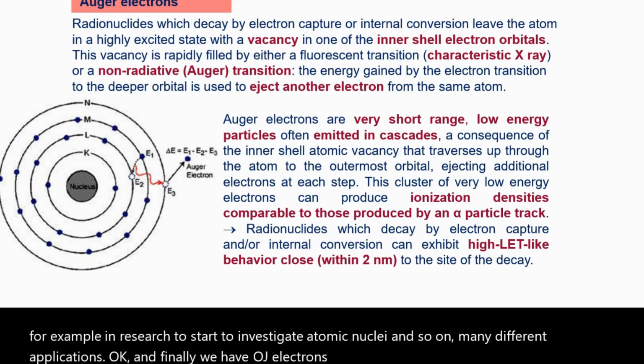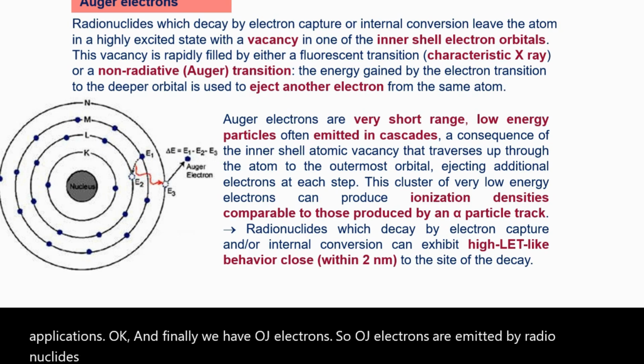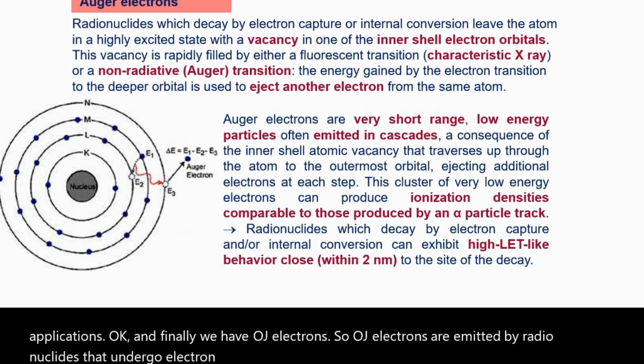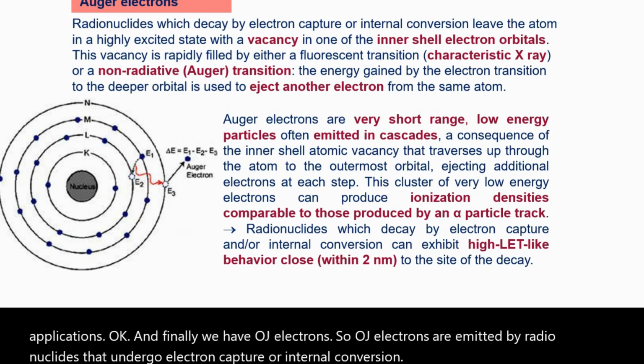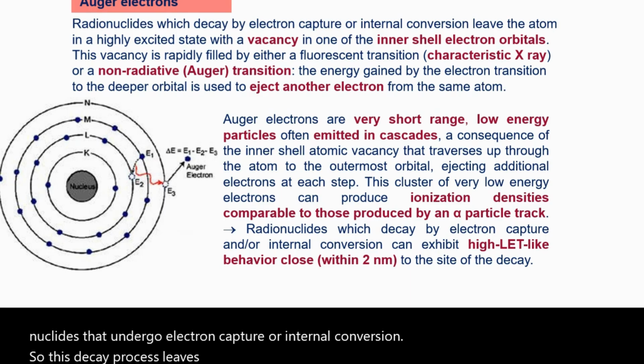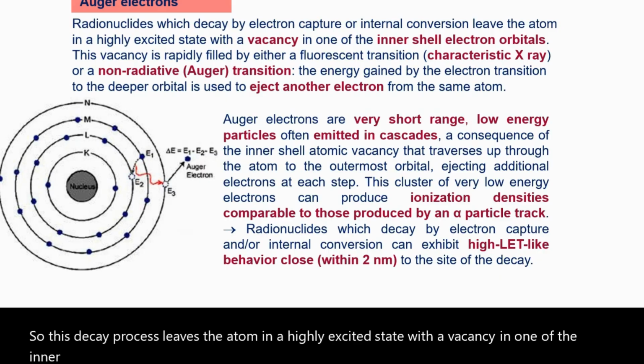Okay, and finally, we have Auger electrons. Auger electrons are emitted by radionuclides that undergo electron capture or internal conversion. This decay process leaves the atom in a highly excited state with a vacancy in one of the inner shells.